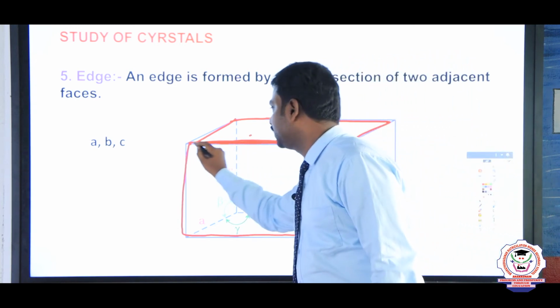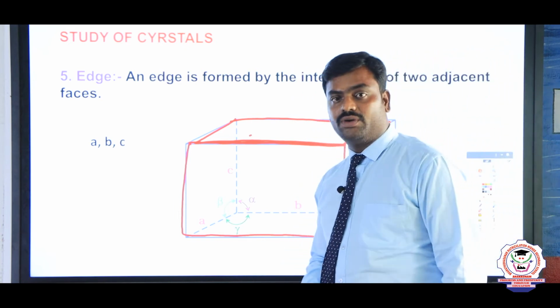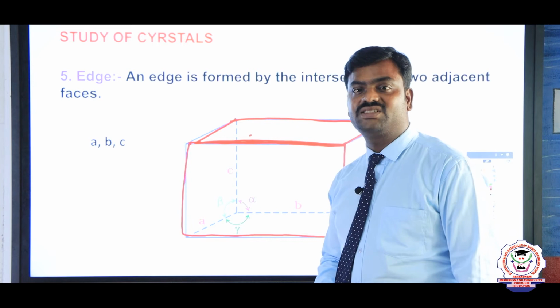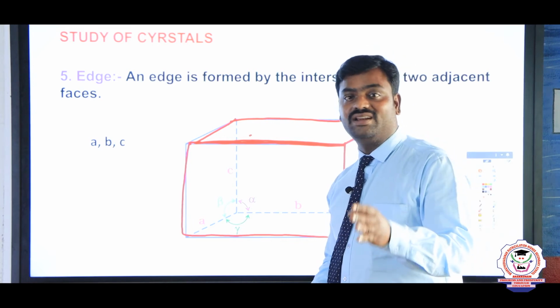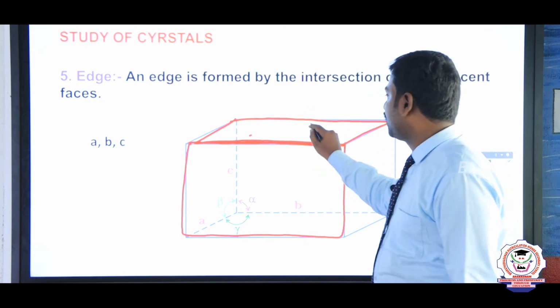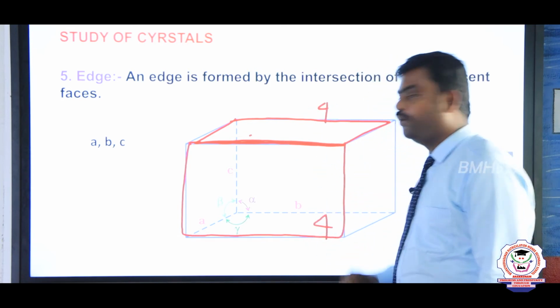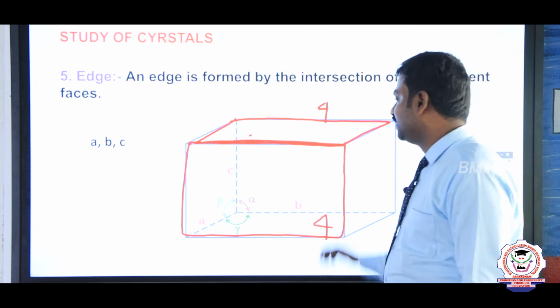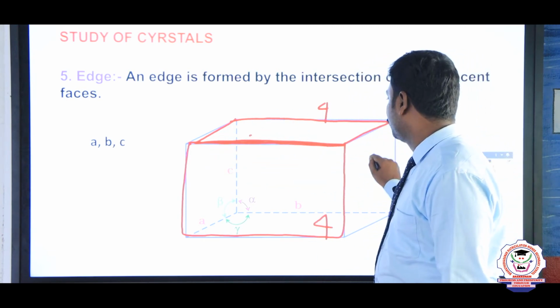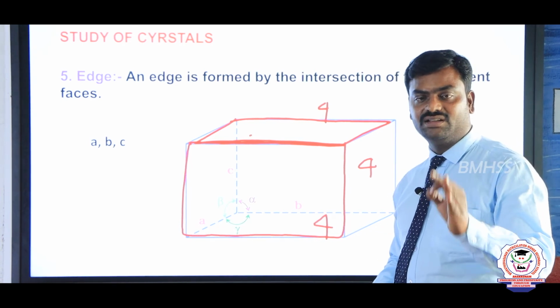So this one is known as an edge. So in a crystal lattice, in a unit cell, how many edges are possible? There are 12 edges possible. See, in the top layer, there are 4 edges. In the bottom layer also, we have 4 edges. And finally, the middle portion has 4 edges. So totally 12 edges are available in a unit cell.